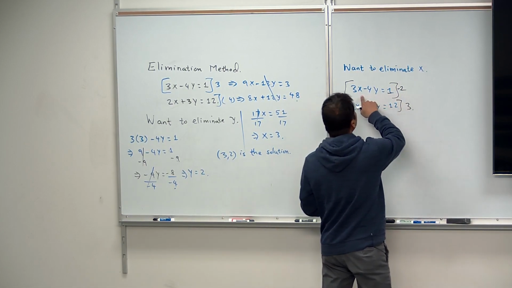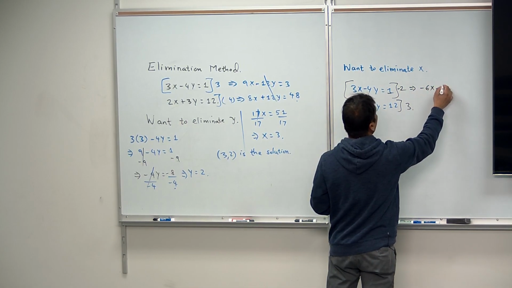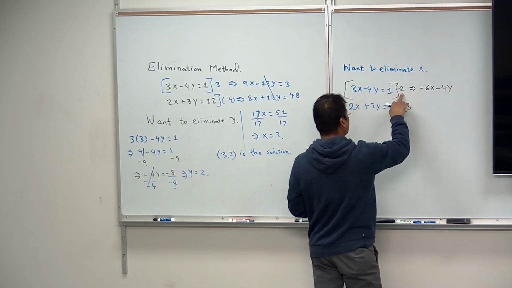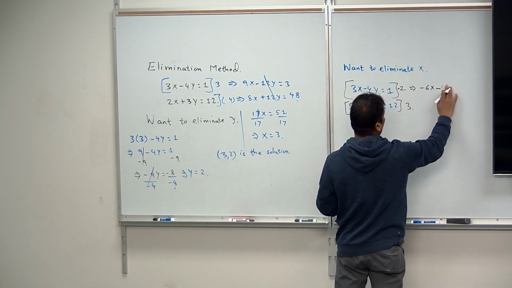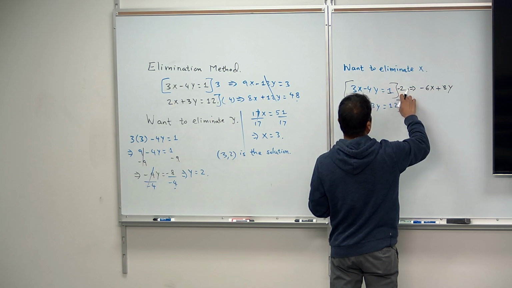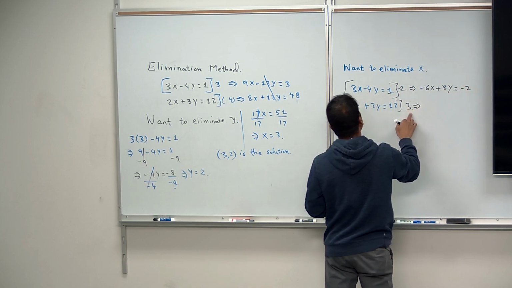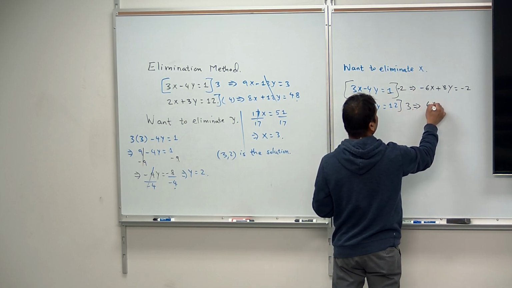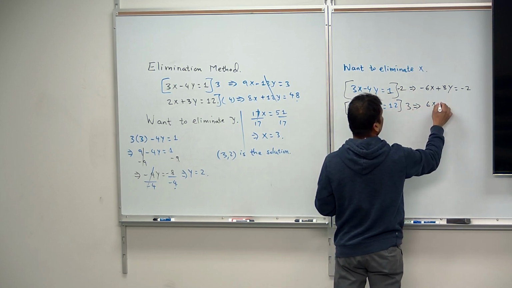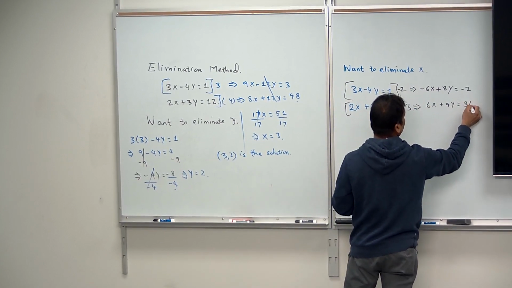So negative 2 times 3x is negative 6x, negative 2 times negative 4y is plus 8y, and negative 2 times positive 1 is negative 2. And this will be 3 times 2x is 6x, 3 times 3y is plus 9y, equals 3 times 12, which is what? 36.